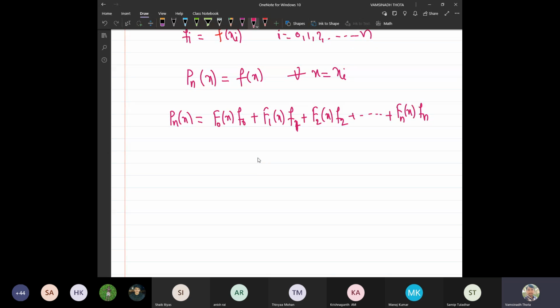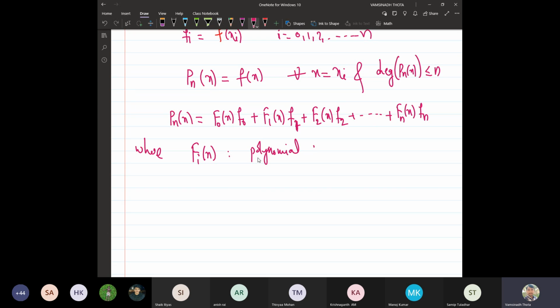Here f0, f1, f2 and so on fn are scalars, they are values. This is the interpolating condition, and the degree of Pn of x has to be less than or equal to n. So we assume Pn of x is of this form, where each capital Fi of x is a polynomial.